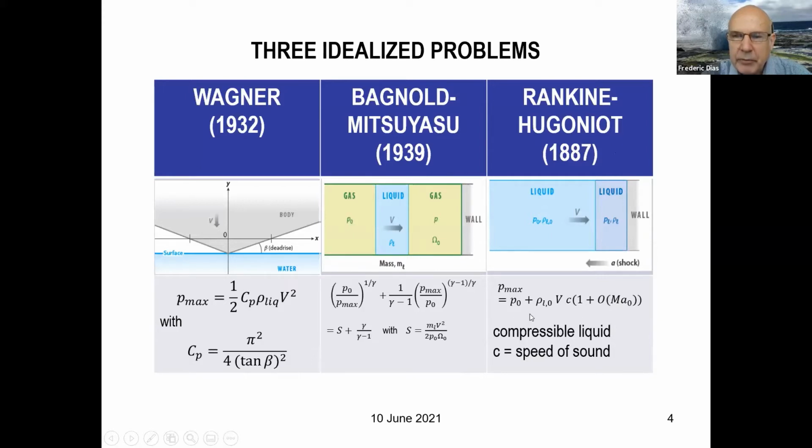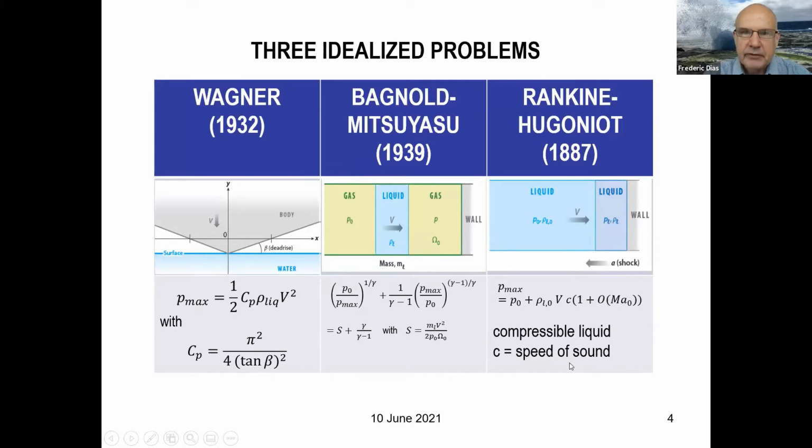So the maximum pressure is given by P0 plus the initial density of this liquid times the velocity again, times the speed of sound. Then the error here is in terms of the Mach number. And then there is the shock speed A, so the shock coming back.